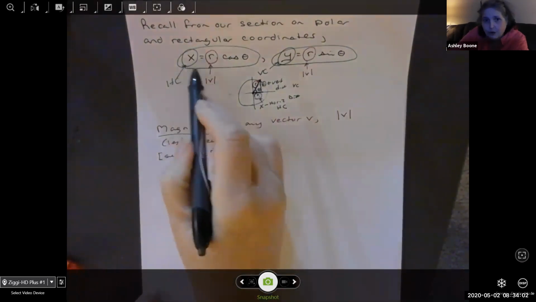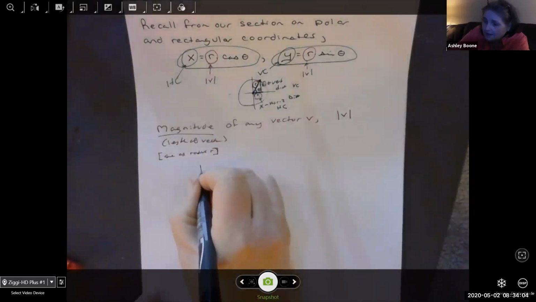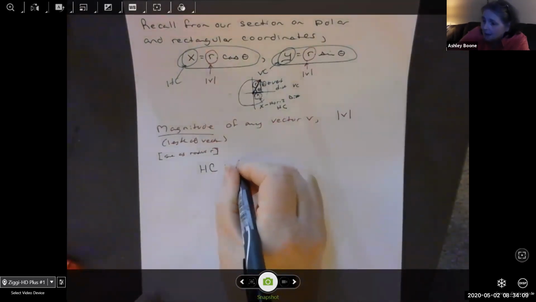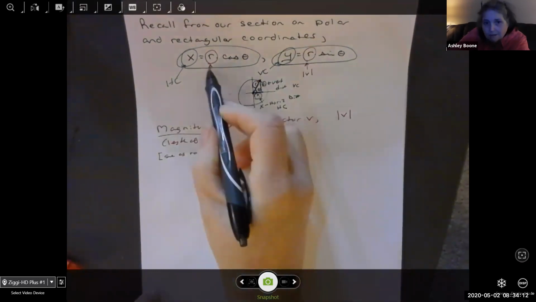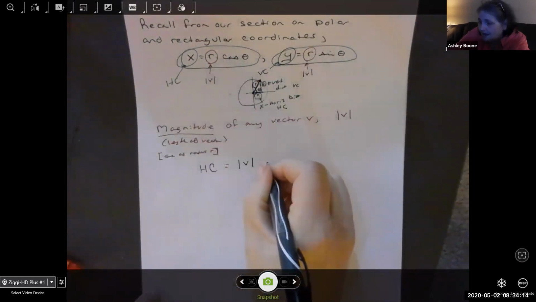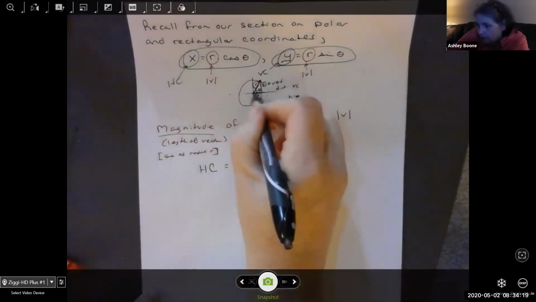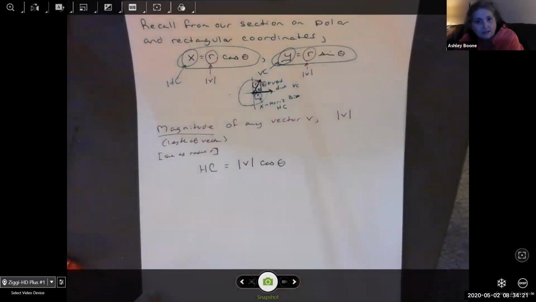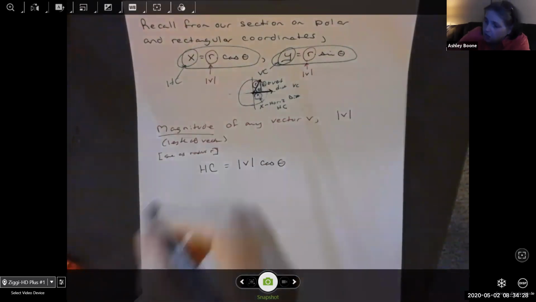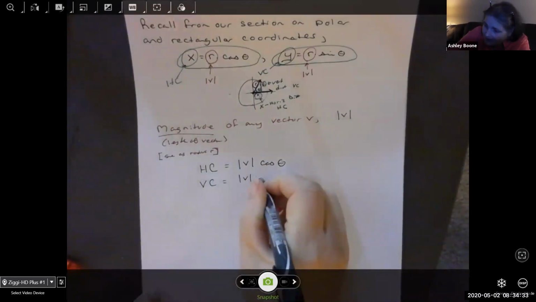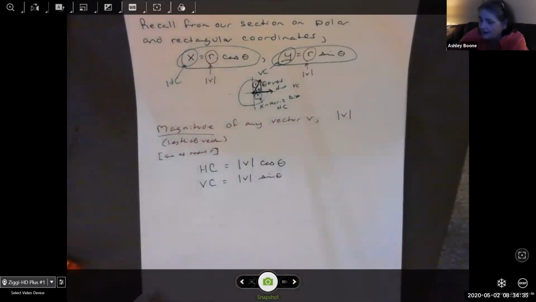Since x is equal to r cosine theta, we can always find the horizontal component of a vector by taking the magnitude of the vector, or the radius, times the cosine of that central angle. Now, the central angle is always measured starting with your x-axis going to the right and then up to the vector itself. So that's how you would find your horizontal component. Your vertical component is going to be the magnitude of the vector times the sine of that central angle theta.